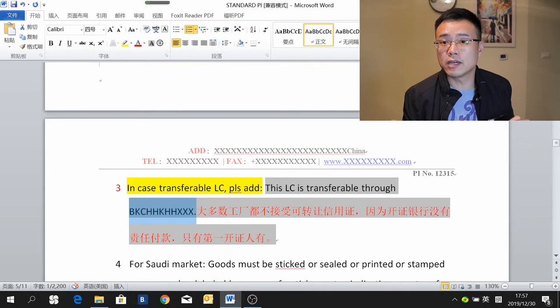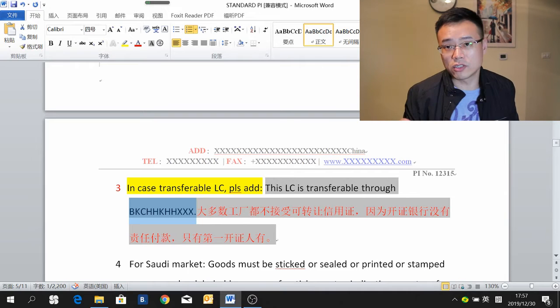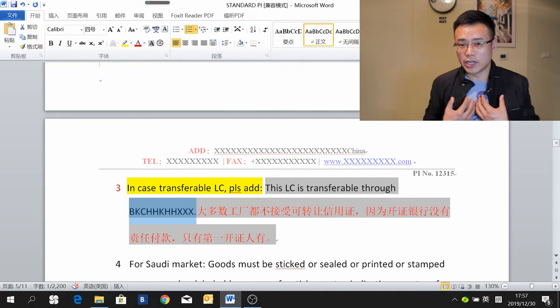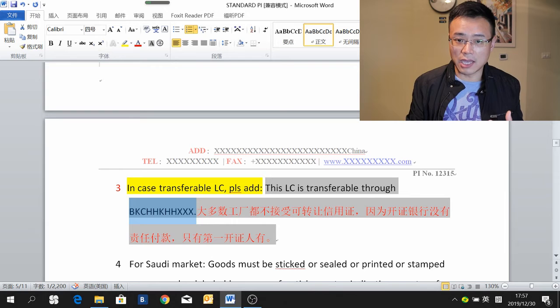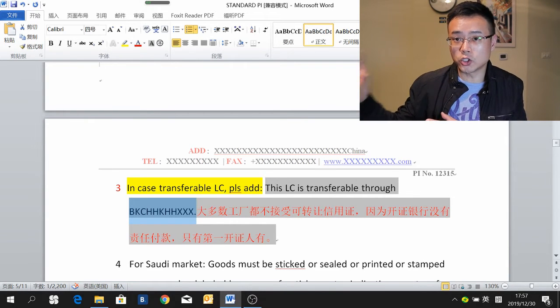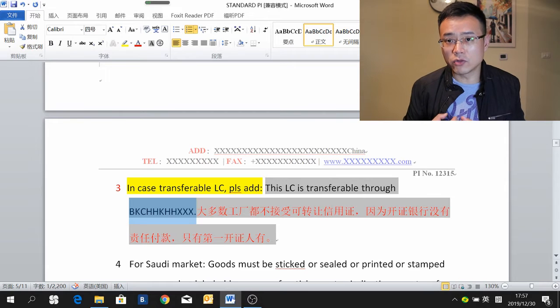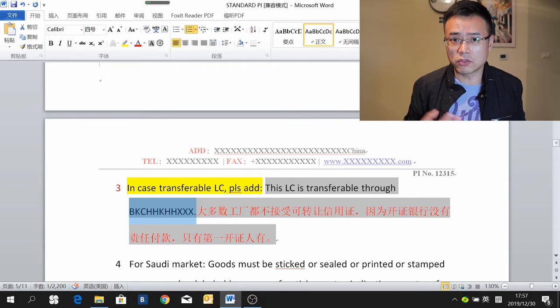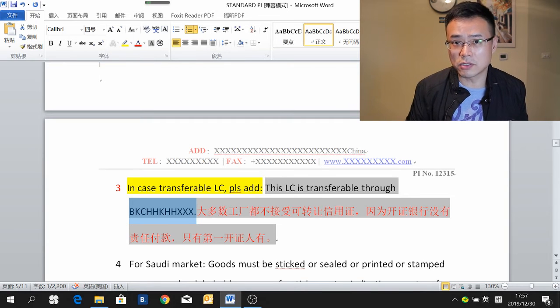But in a back-to-back LC, non-transferable LC, if I'm the trader, I receive an LC from my client, then I do a back-to-back LC to a manufacturer in China. I hold the legal responsibility to make payment as long as my manufacturer presents the documents without discrepancies.